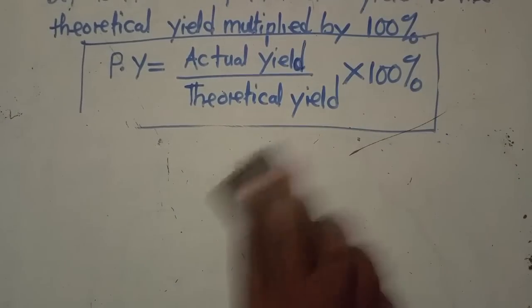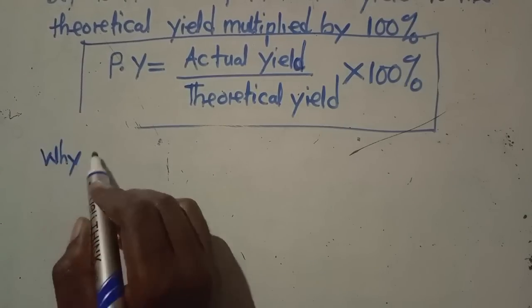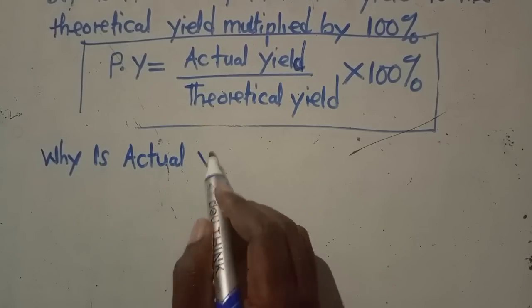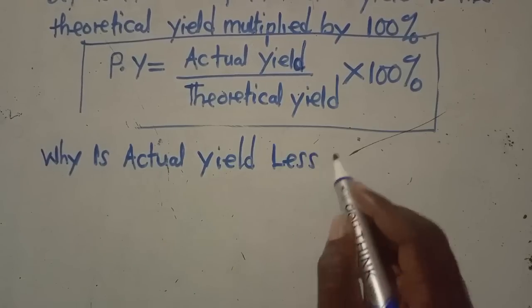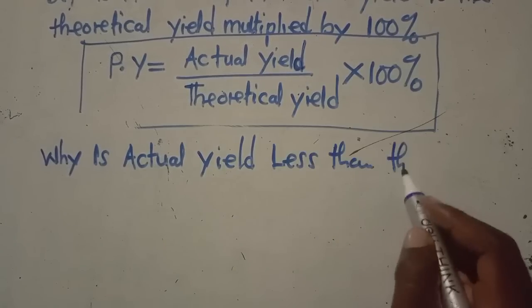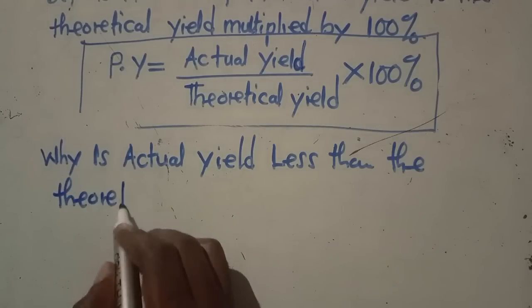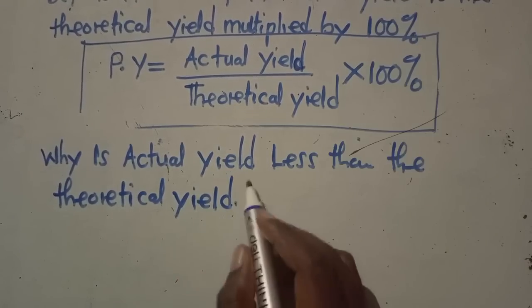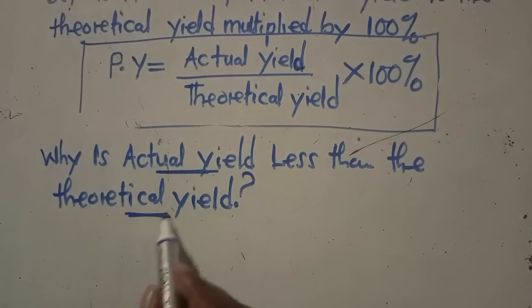They may ask you, why is actual yield less than the theoretical yield? You can find such a question in an exam. The question is why? Why is it that the actual yield is less than the theoretical yield?